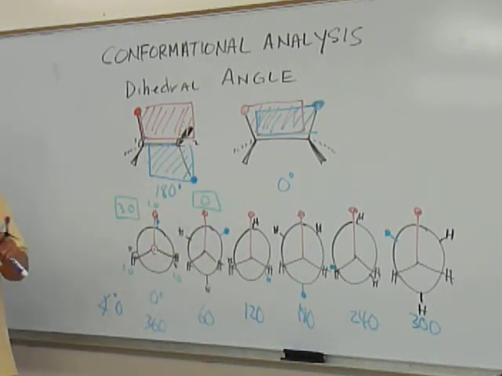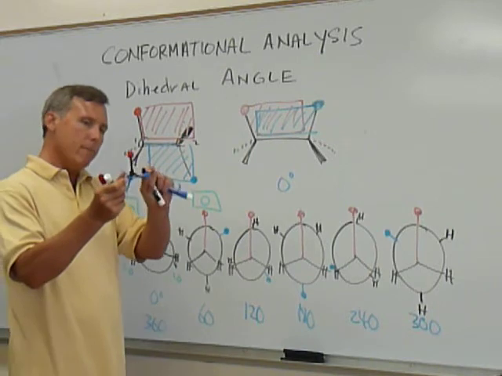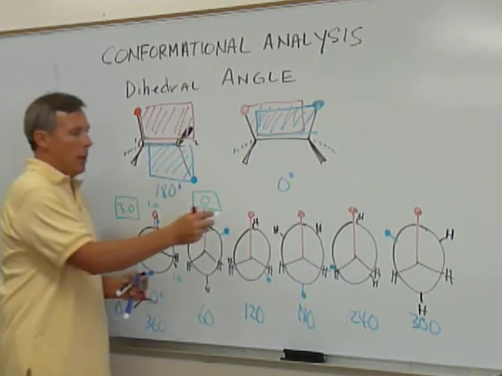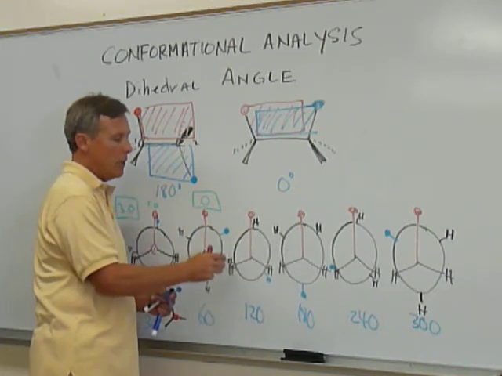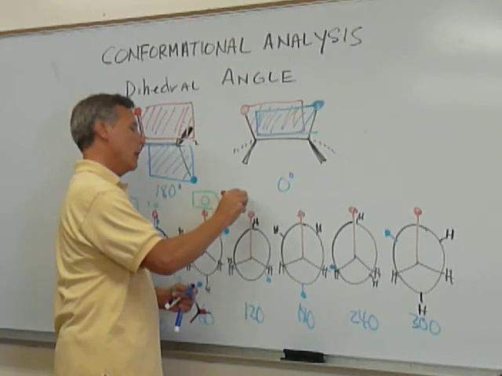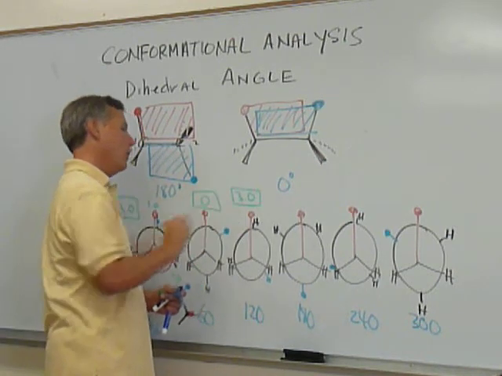If we rotate another 60 degrees, we're in an eclipsed conformation. The red hydrogen and the blue hydrogen and these hydrogens are eclipsing each other. So again, we're back to 3 kcals per mole of torsional strain.